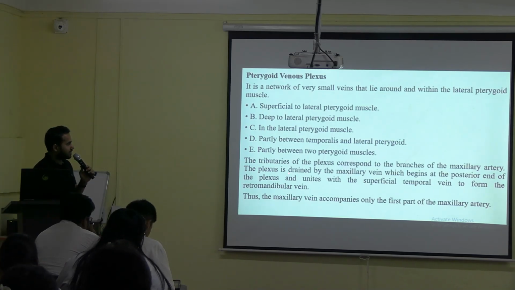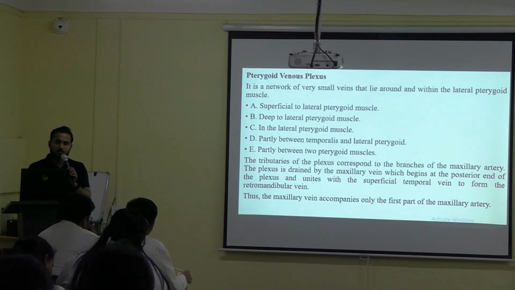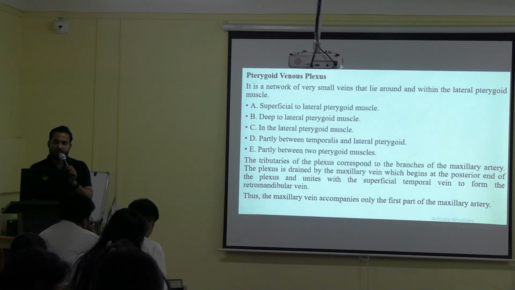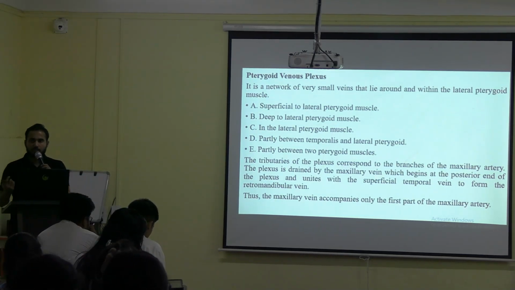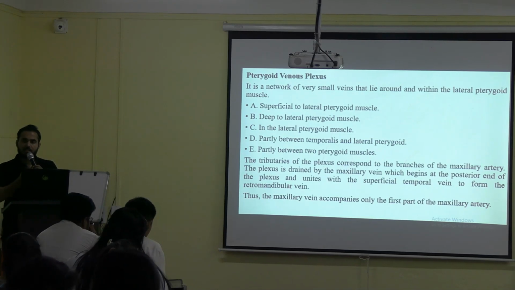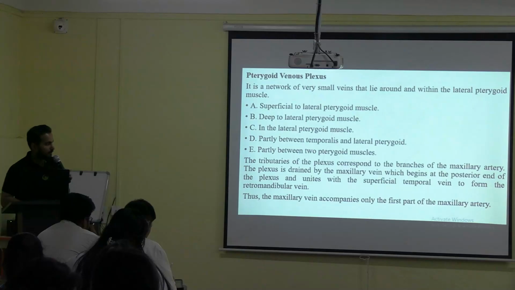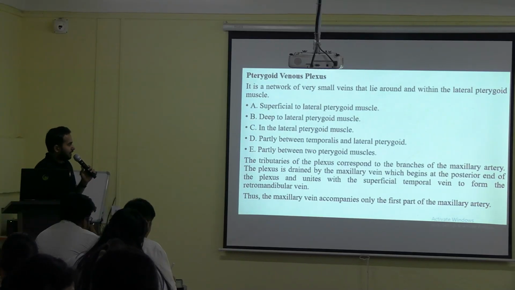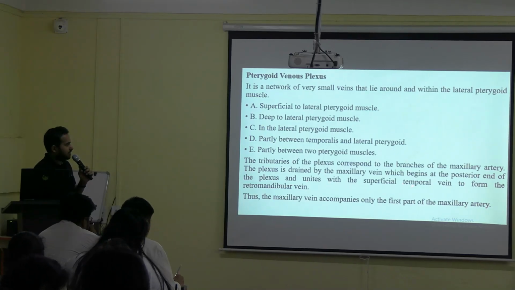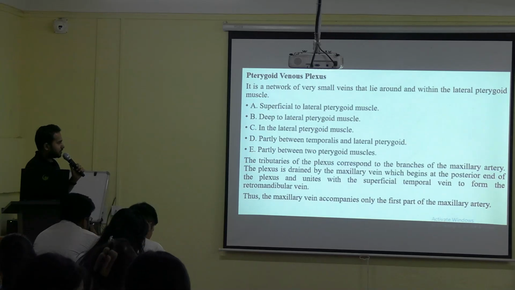Now this plexus will drain into the maxillary vein, which is situated on the posterior aspect of the plexus. तो plexus के posterior end में maxillary vein रहता है. So ultimately the blood from the plexus will drain into the maxillary vein. Okay, and after that what happens? The posterior end of the plexus unites with the superficial temporal vein to form the retromandibular vein.